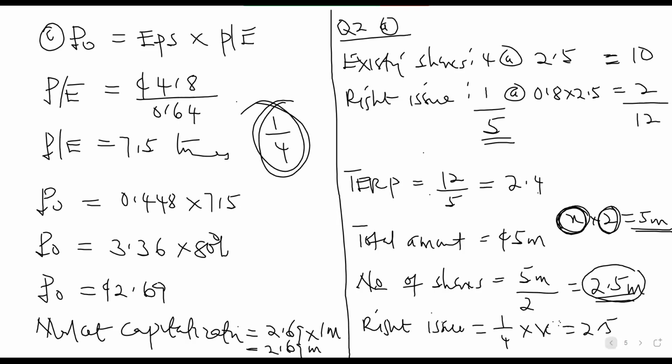So right issue is equal to 1/4 times the existing shares, which is equal to 2.5. So the company is currently having existing shares of 10 million. That will be 2.5 times 4, which gives us 10 million. So the company is now having 10 million shares. That is the existing number of shares. Okay, you need to find this existing number of shares before you can use the net asset method.